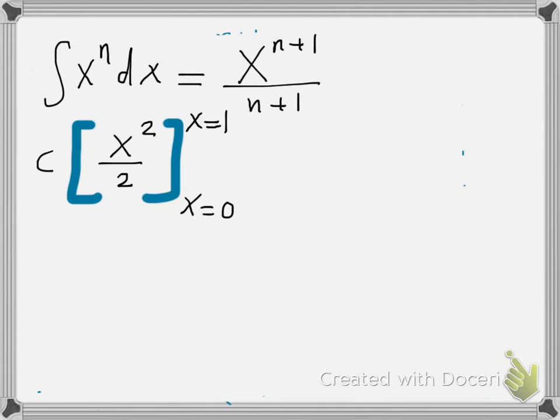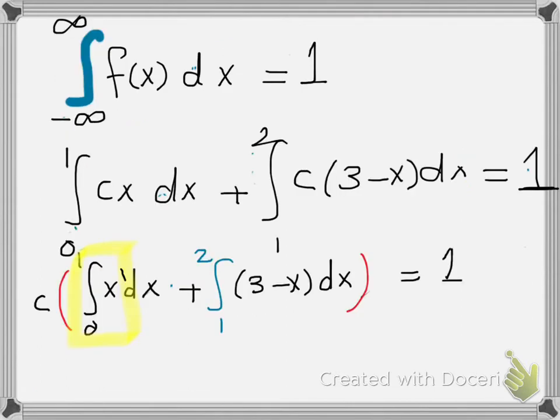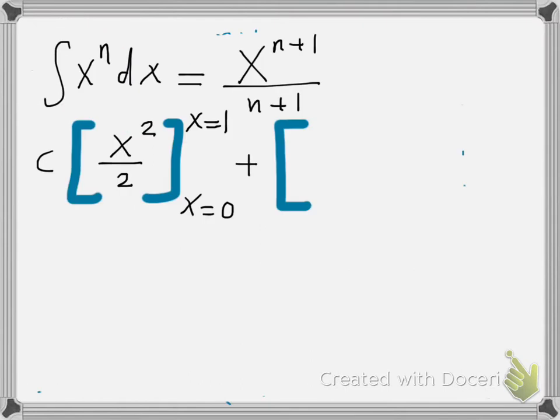The second function is 3 minus x. If you integrate 3, we don't have x there. So what we consider is that your x here can be x power 0. So when you integrate x power 0, it becomes x power 1 divided by 1. So we will get 3x.